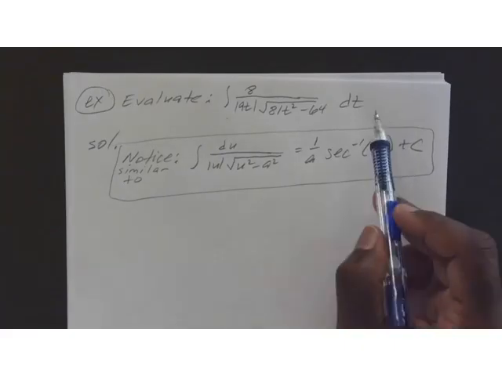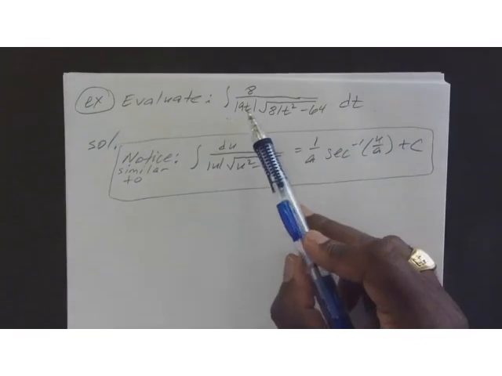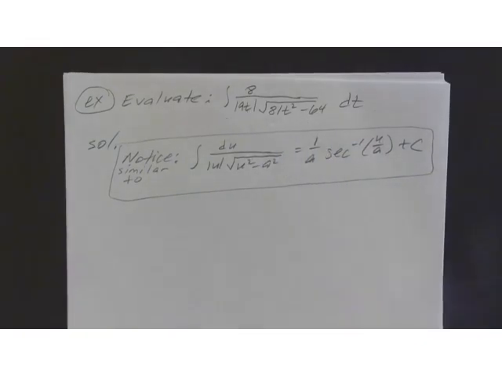So if they put t is greater than 0, then you know that you don't need the absolute value. So sometimes they'll put it, sometimes they won't.